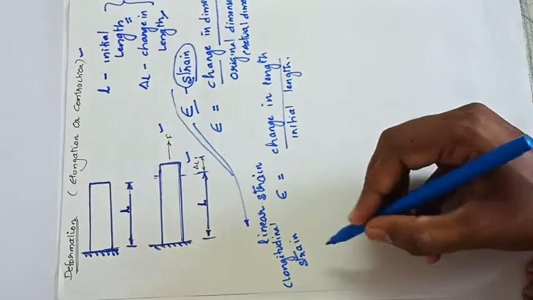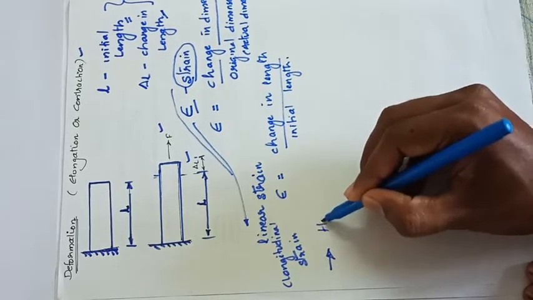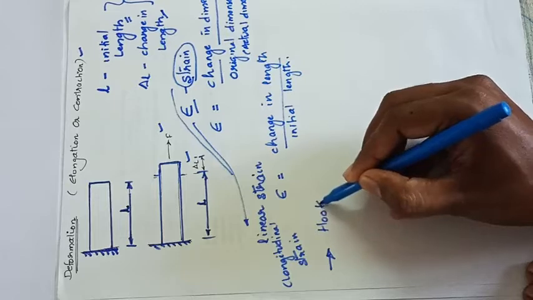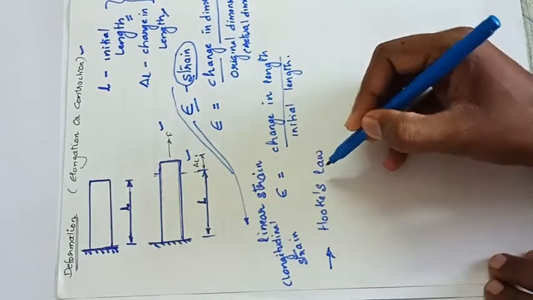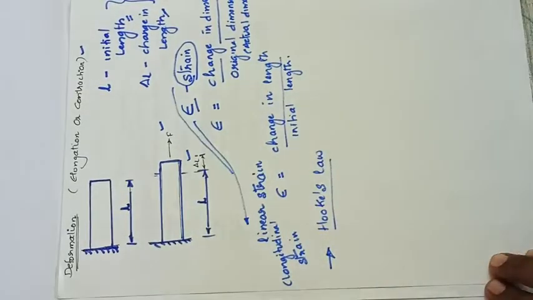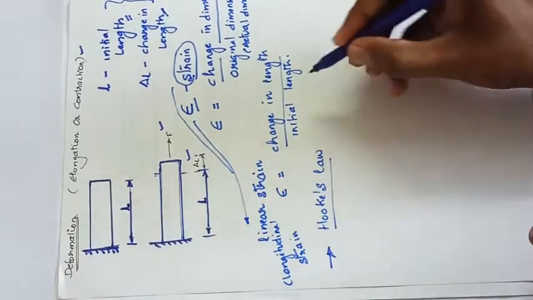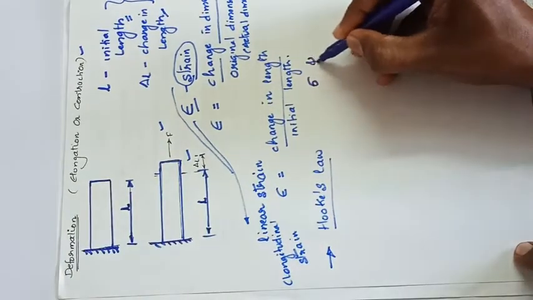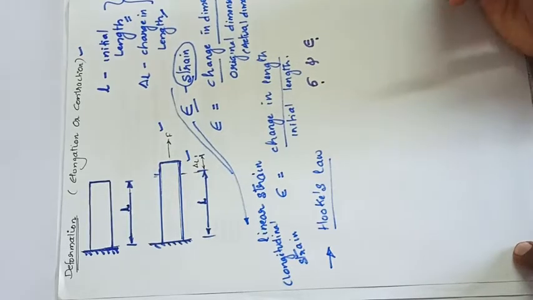The next law that I am going to discuss is Hooke's law. It gives a relation between sigma and epsilon, that is, stress and strain.